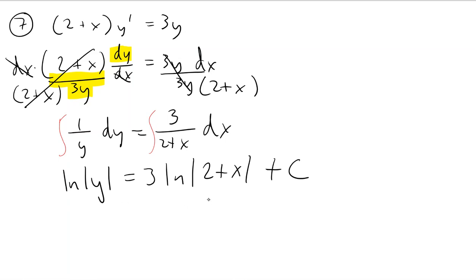But most questions aren't going to finish like this. Even though you don't always have to get it down to a y equals, they're certainly not going to stop here. So this step, what they are doing to move forward is called exponentiating, which means we're going to take both sides of the equation and make it be the exponent on something.